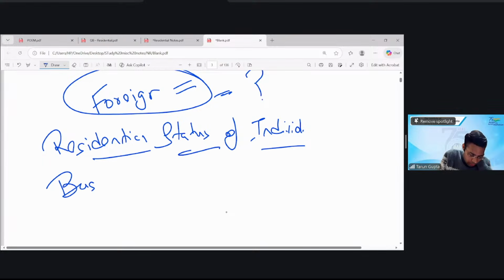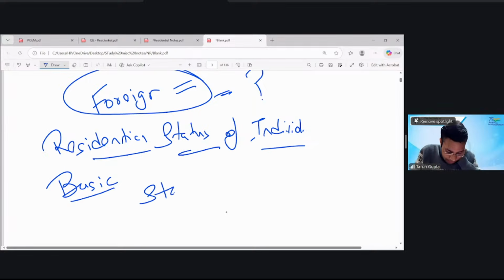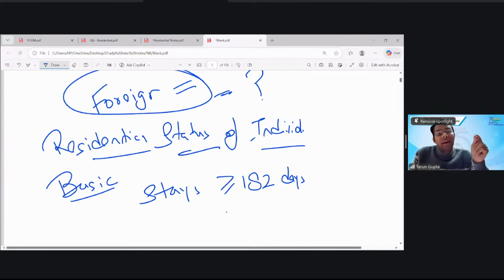So law says the basic condition is that an individual is resident in India if he stays in India during the relevant previous year for 182 days or more. So if the individual is physically present in India during the previous year for 182 days or more, then such person is called resident in India in that year.